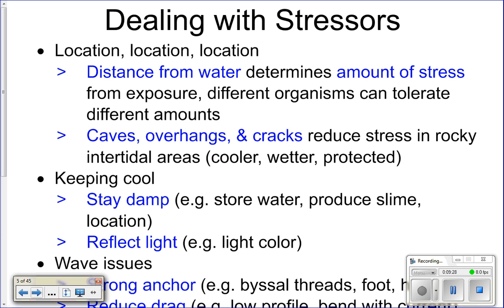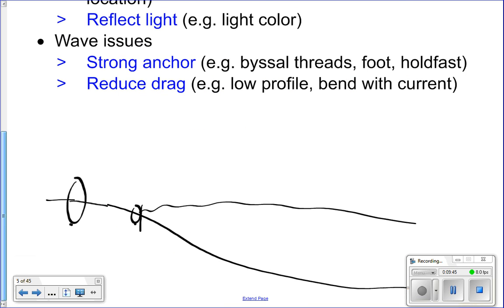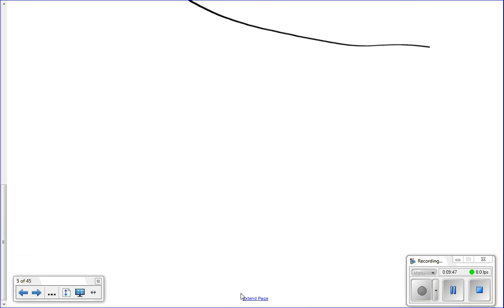So it is for animals in the intertidal zone, right? Because the distance that the animal is from the water will actually determine the amount of stress that it's under. Okay, so let me show you.